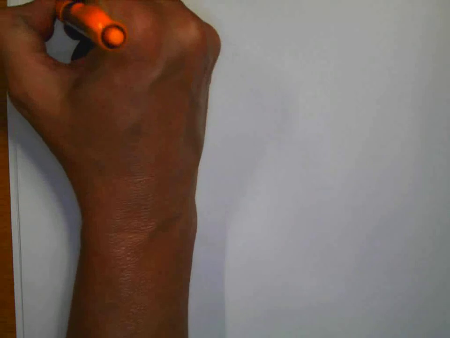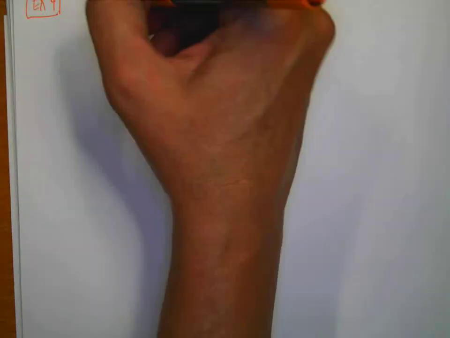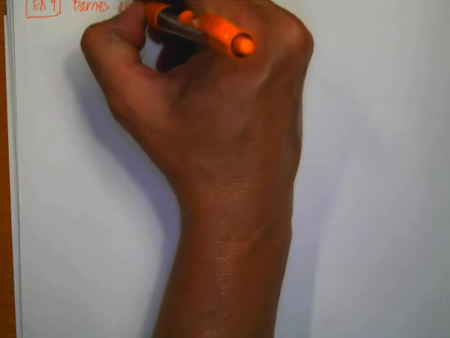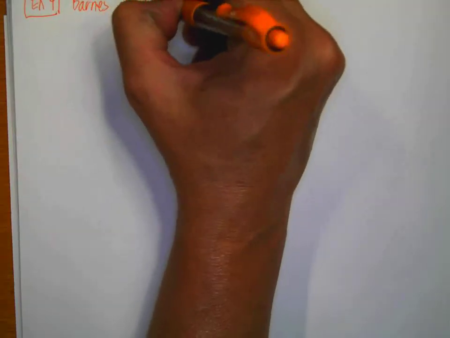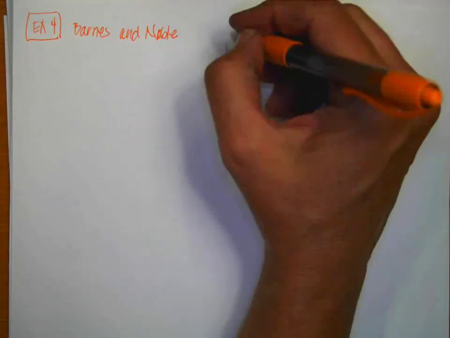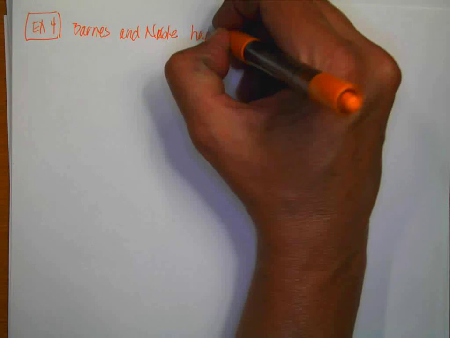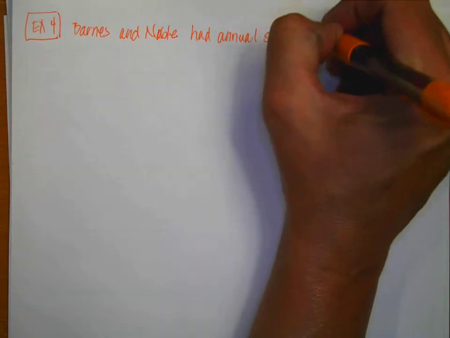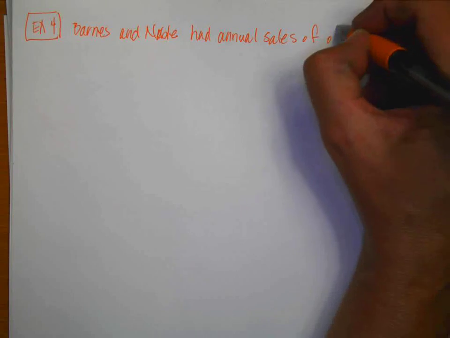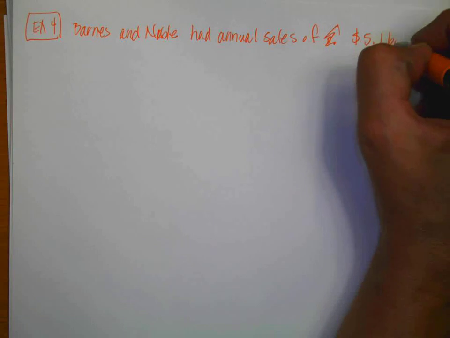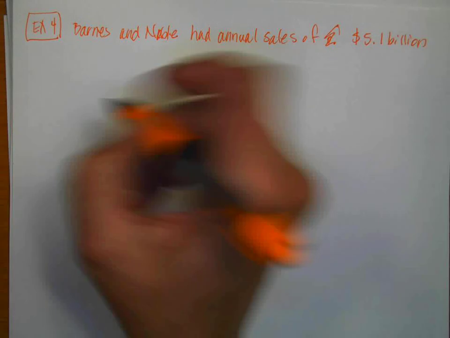So we're going to be on example 4. All right, this one is going to talk about Barnes & Noble. And because our books are older than dirt, the data is older than dirt. But that's okay because we can still do math on our older than dirt data. Barnes & Noble had annual sales of 5.1 billion in 2005.